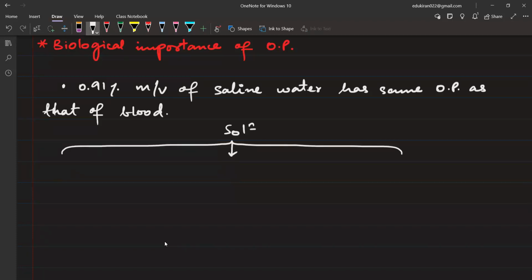First is concentration more than blood cell. This type of solution is known as hypertonic.